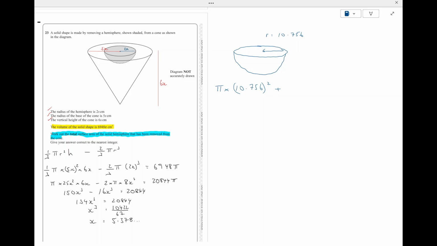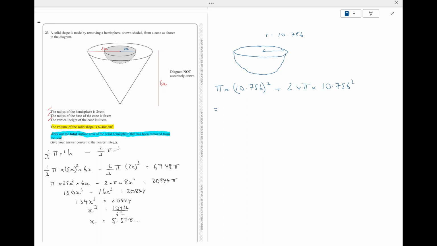Plus, now the area of the curved surface there, that's the hemisphere, isn't it? So the surface area of a sphere is 4 pi r squared, so I'm going to need 2 pi times r squared. There we go. So that is an expression for the surface area of the hemisphere.